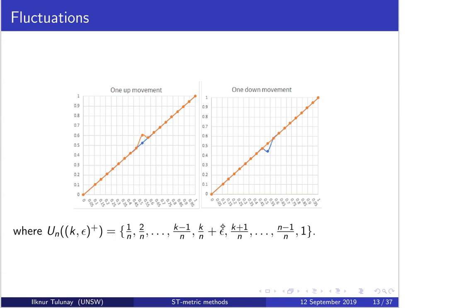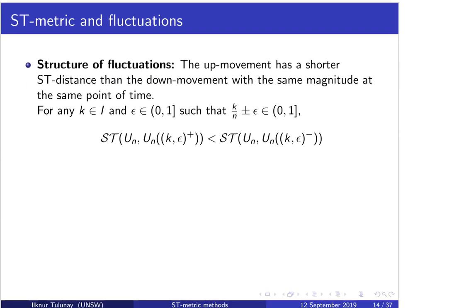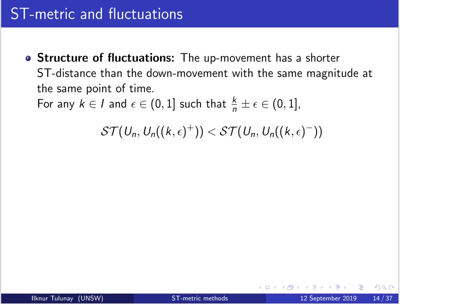If we think about two sets, one of them is the uniform distribution, and the other has, in just one point, an epsilon addition, right? I denote this point by k. So at the point k, I am adding an epsilon. That will create a fluctuation up here. If I subtract it, I will have a fluctuation down.